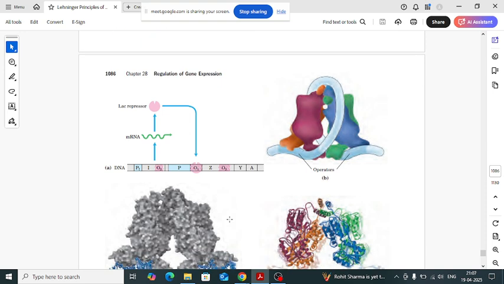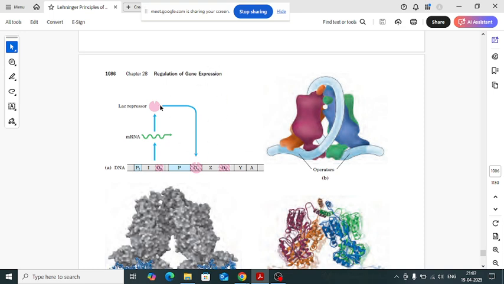But when we provide that signal molecule which we discussed, here that signal molecule is the lactose, this lactose will bind and remove the lac repressor from here. When the lactose binds to the lac repressor, it cannot bind to the operator region.